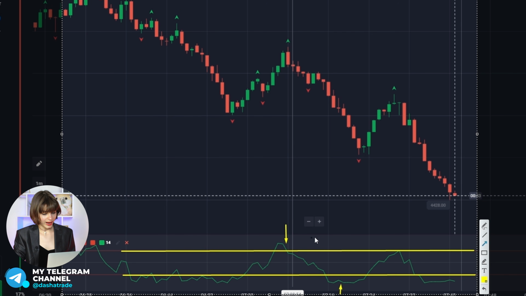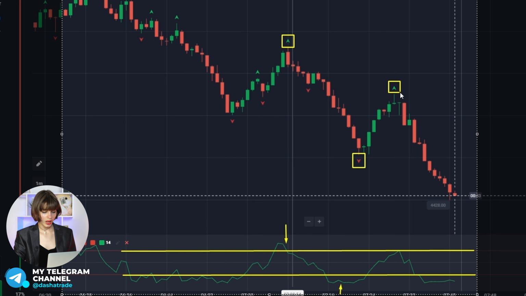But to open deals, we need the fractal indicator. This is an indicator showing signals on the chart, and they're formed based on exact patterns on the market that used to occur.